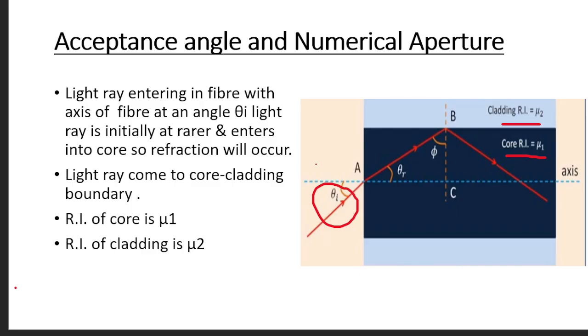So when the light ray is entering the fiber with the axis of fiber at an angle of theta I, the light ray is initially in rarer medium, and after that it will enter into the core, so that refraction will occur, and this angle of refraction will be theta r, and the light ray will reach the core cladding boundary.